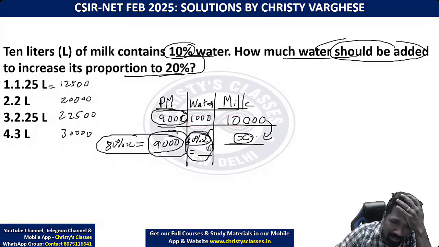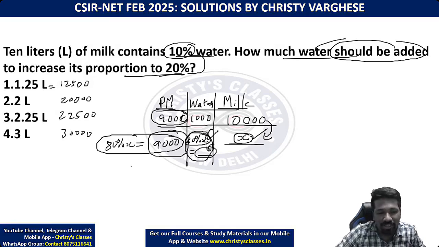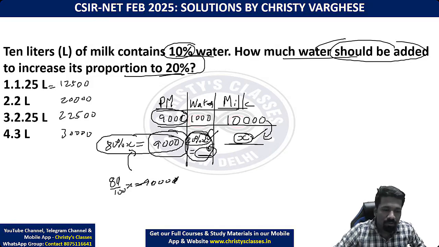Solving this gives the value of x, and then the other value can be found easily. So this is the equation you formed: 80% of x is 9000, that is 80 by 100 x is equal to 9000. Simplify it: x is equal to 90,000 by 8.